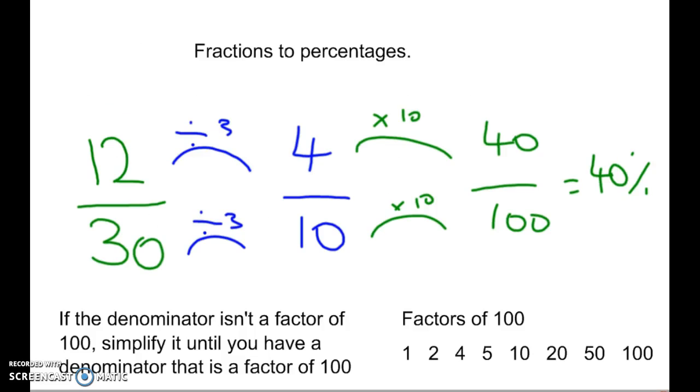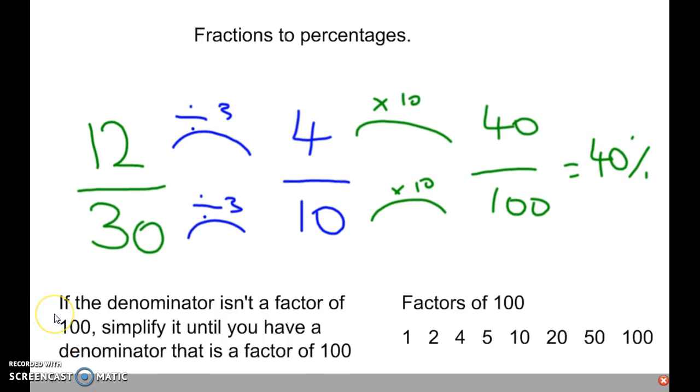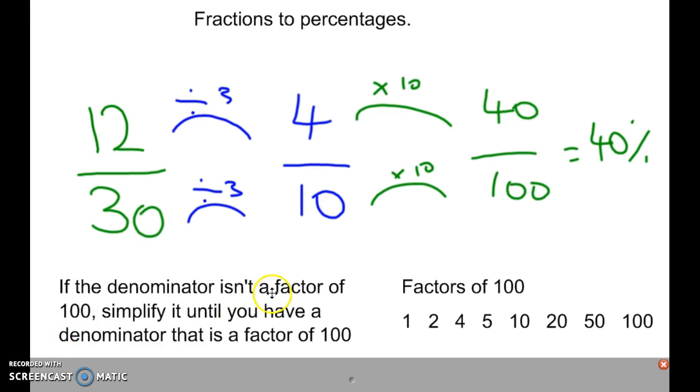Now, here's one where our denominator doesn't go into 100. 100 is not in the 30 times table. So what I'm suggesting to you is, if the denominator isn't a factor of 100, see here, I've listed out the factors of 100 for you.